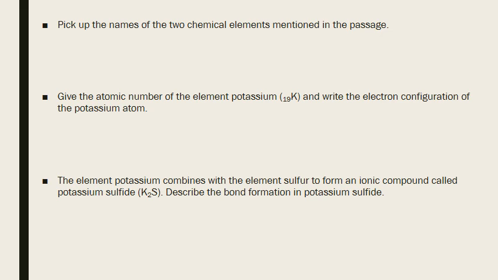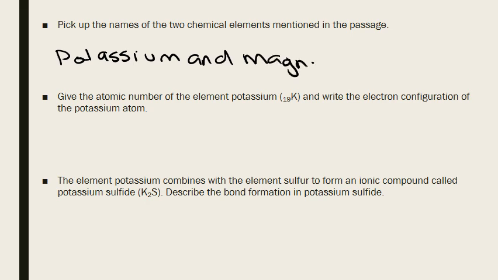First question states, pick up the names of 2 chemical elements mentioned in the passage. So that is potassium and magnesium. Give the atomic number of the element potassium. So it says 19K. And write the electron configuration of the potassium element.